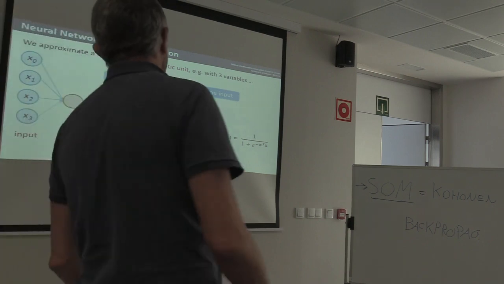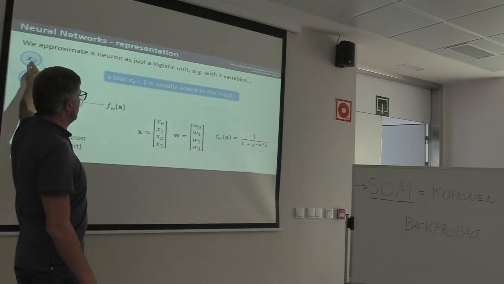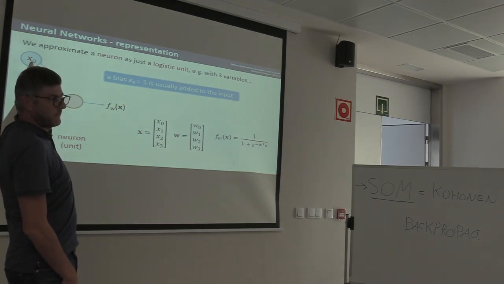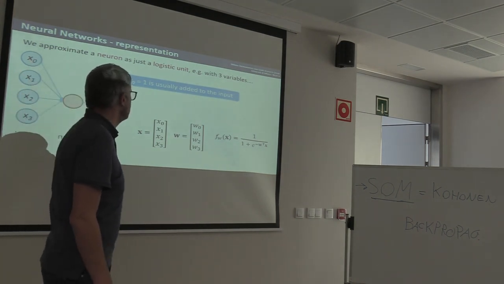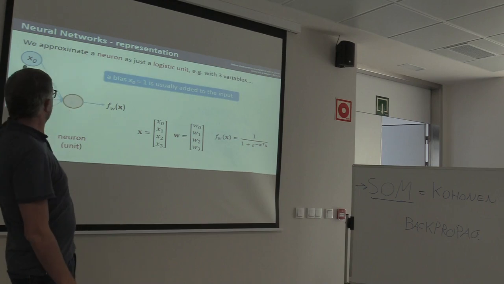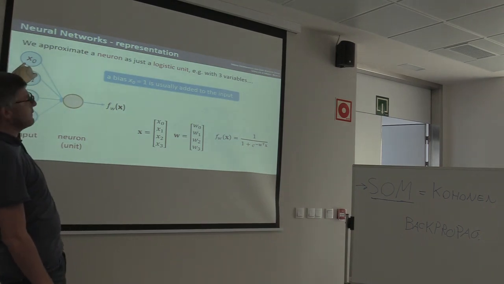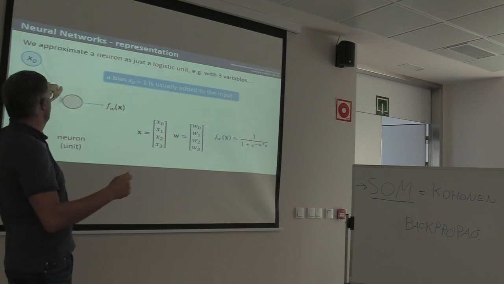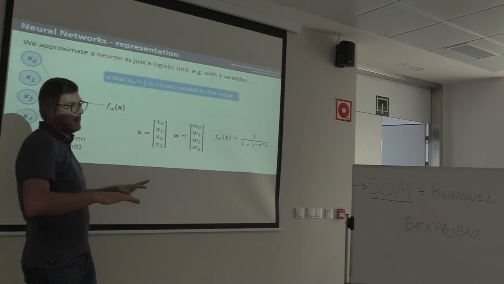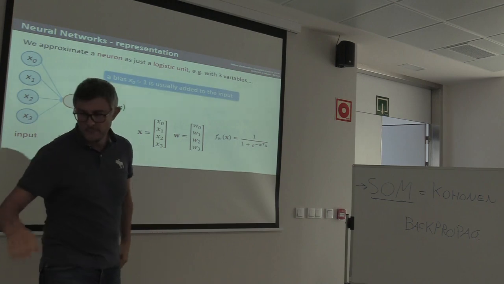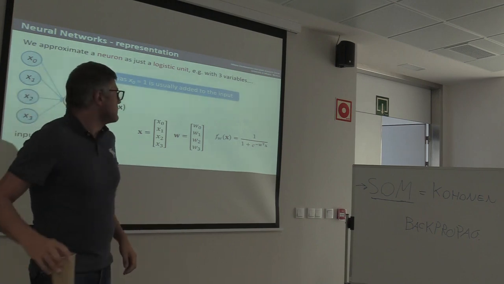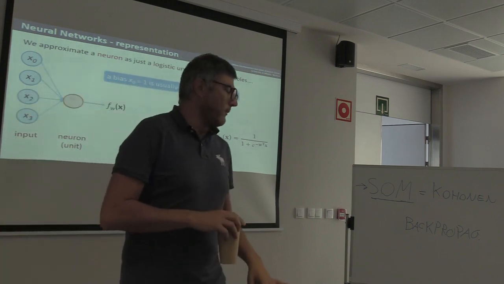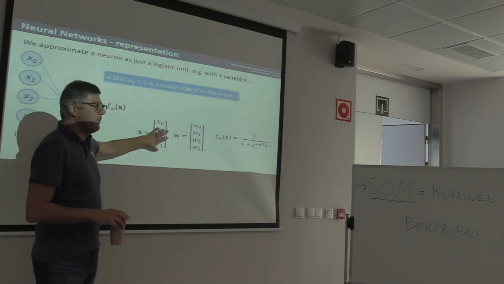So this represents the bias, where this x0 is usually equal to 1, and it represents the bias. It's the same in linear regression. So actually we have 3 variables.